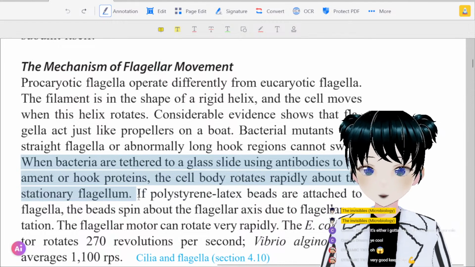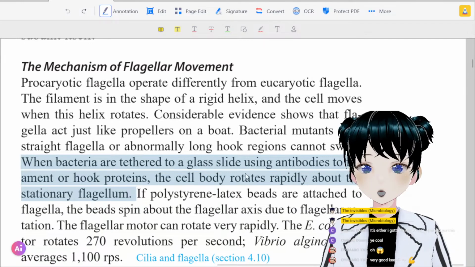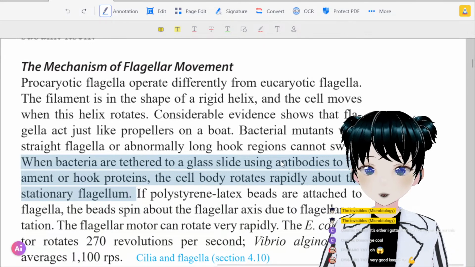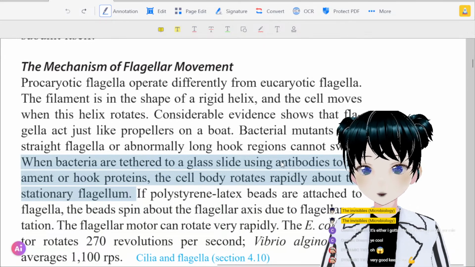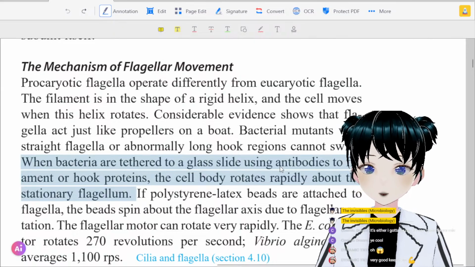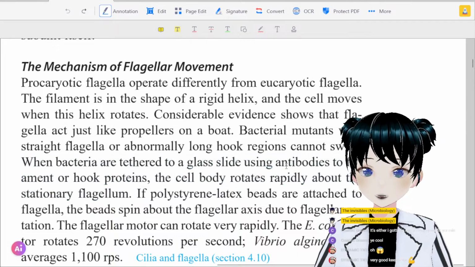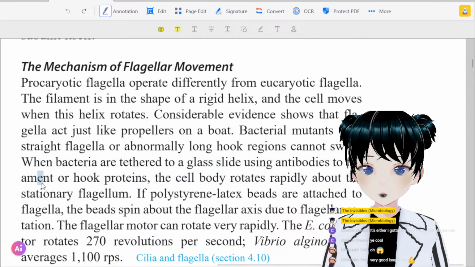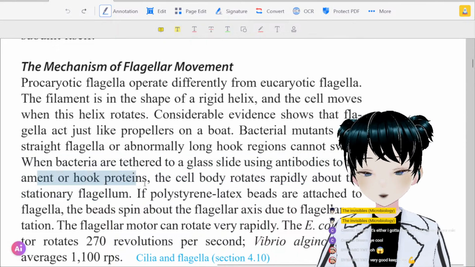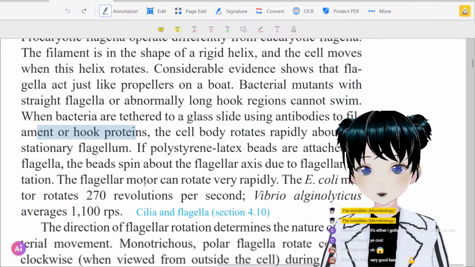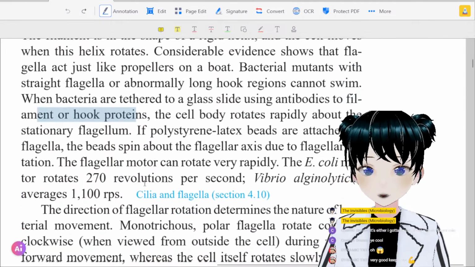So they rotate because they don't want to get attached to the antibodies, right? No. We use antibodies and we attach them to filament or hook proteins, and then it is tethered to the glass slide, meaning it is attached to that.